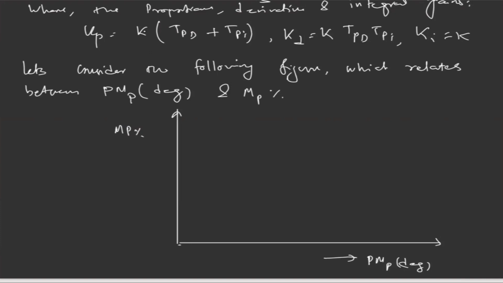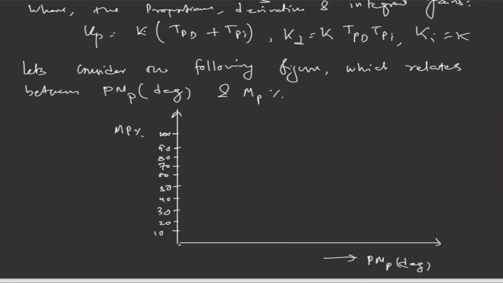These are the different points: 10%, 20%, 30%, 40%, 50%, 60, 70, 80, 90, and 100.